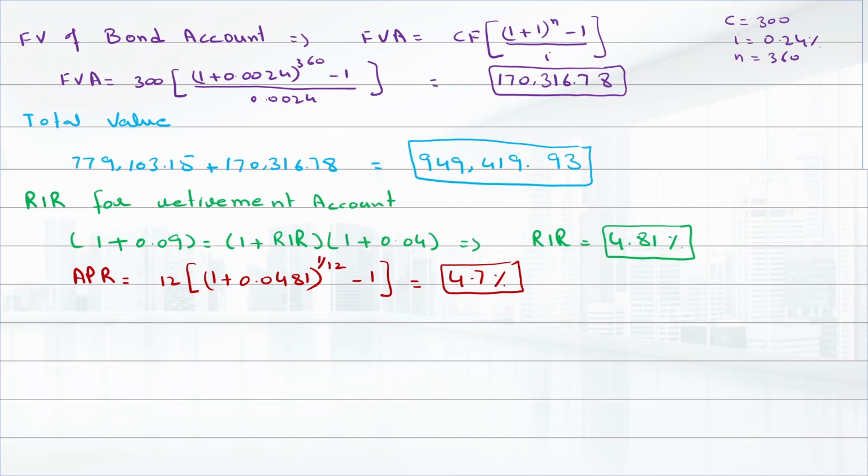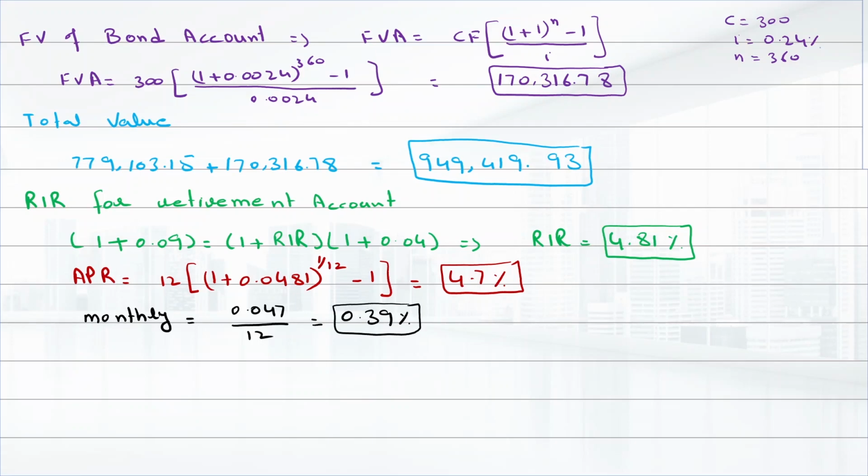In the next step, we will find the monthly rate: 0.047 divided by 12, that is equal to 0.39%.